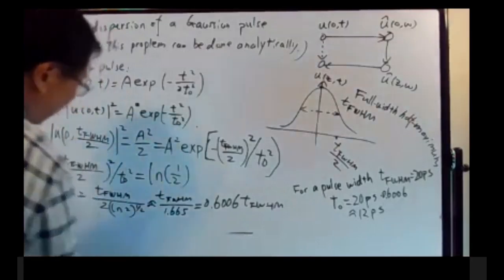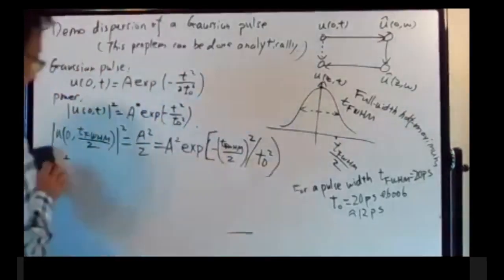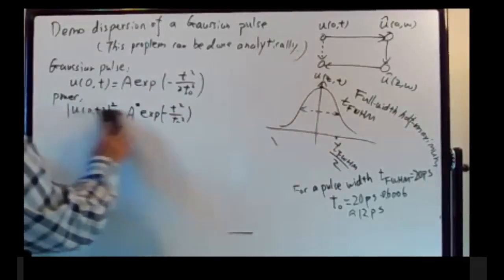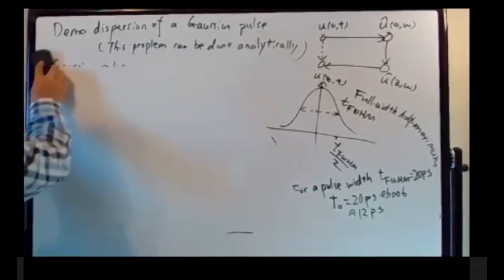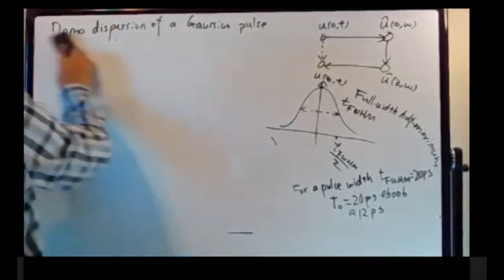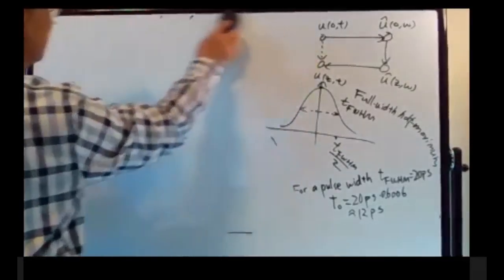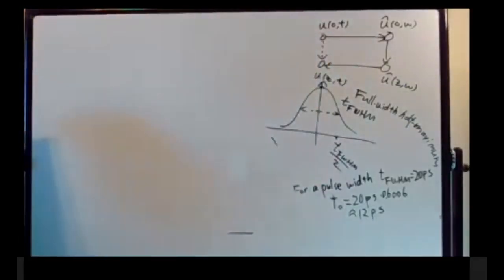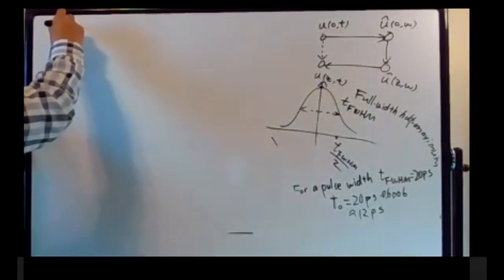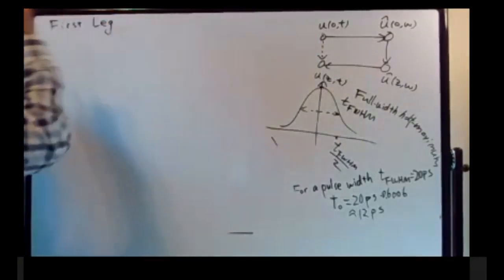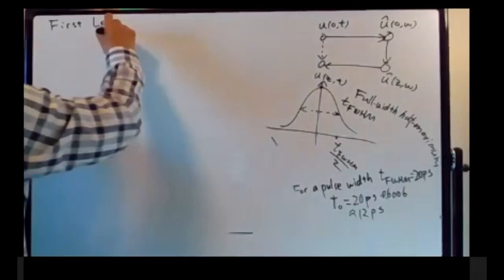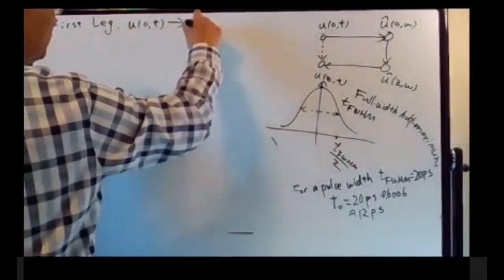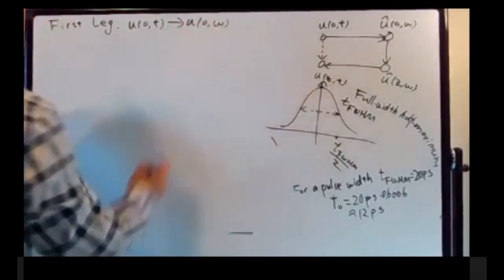Okay, so now let's look at the first leg, right? So we have this Fourier transform. So we will do a dispersion of... Let me use this also. So this will be the first leg, right? First leg, what we're going to do is Fourier transform u0 of t to u0 hat of omega, right?